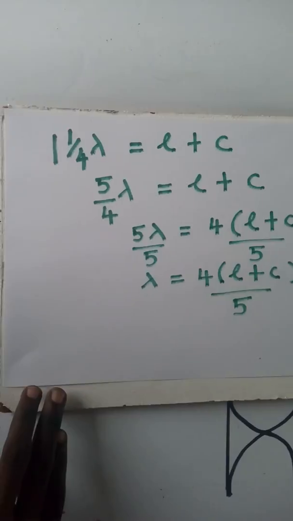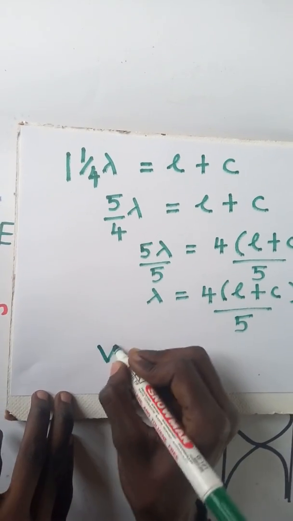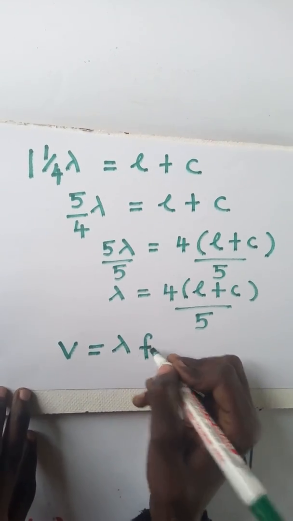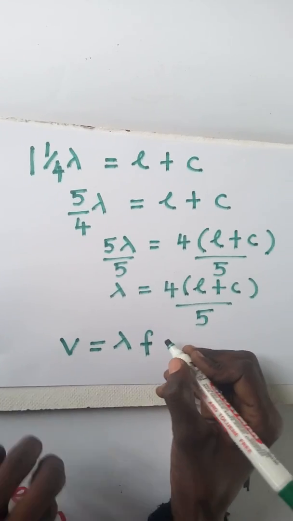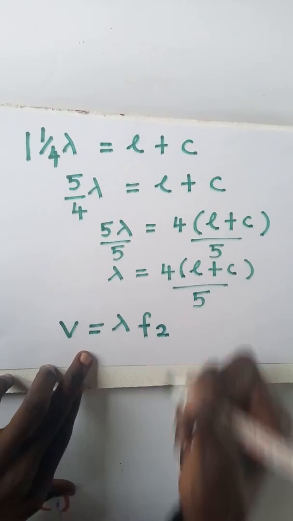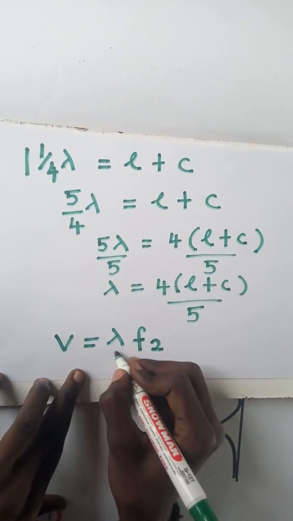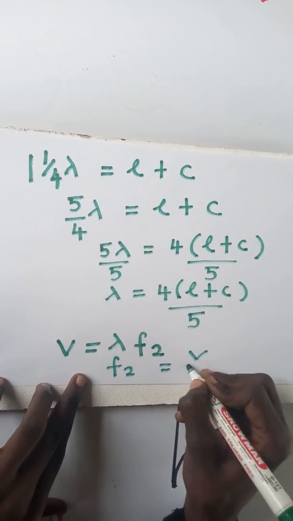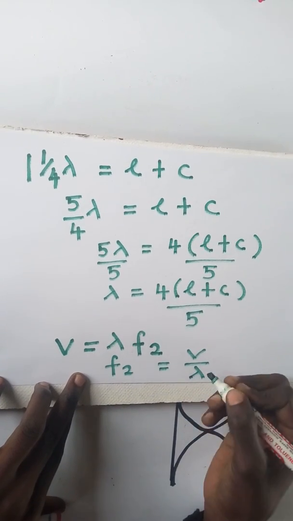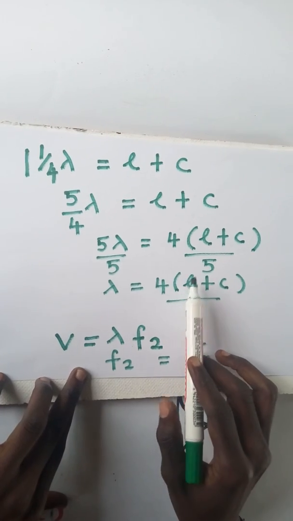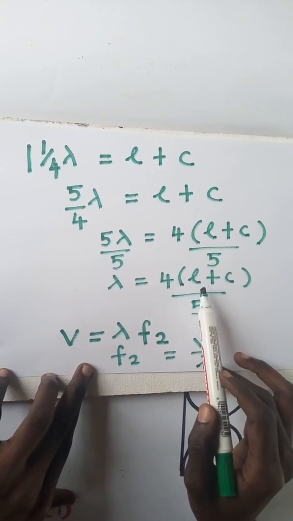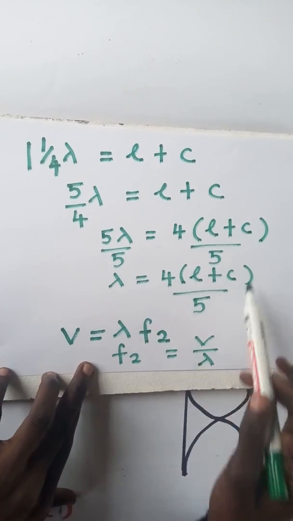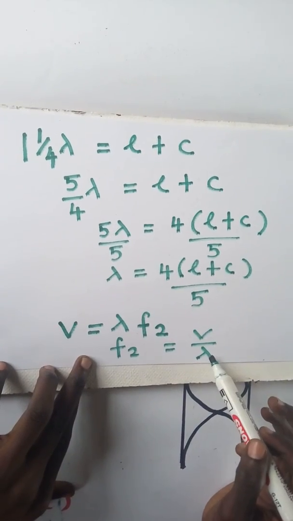But velocity is equal to wavelength times frequency, but this is the frequency of the second overtone, which is the third harmonic. So frequency of the second overtone is equal to velocity over wavelength. But wavelength is equal to 4 times (length of the closed pipe plus end correction) over 5. So we substitute this into this equation.